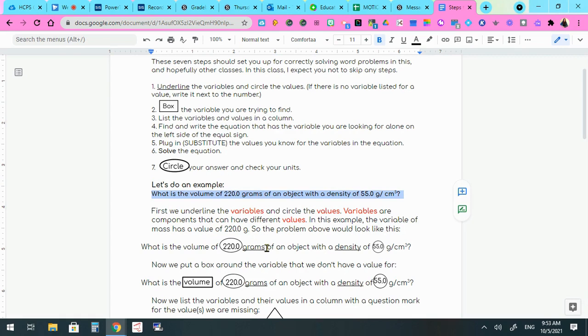In this example, the variable of mass has a value of 220 grams. Okay. So your value is what you circle, and your variable is what you underline. And we have another variable known here, which is density. So we're going to underline that, and the value is 55.0 grams per cubic centimeter. Okay. That's the first thing.